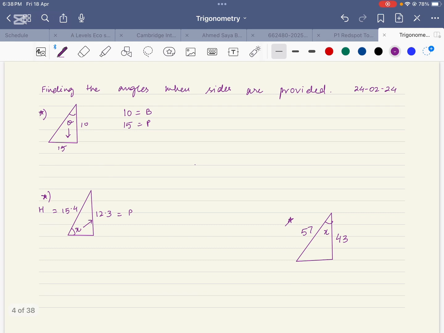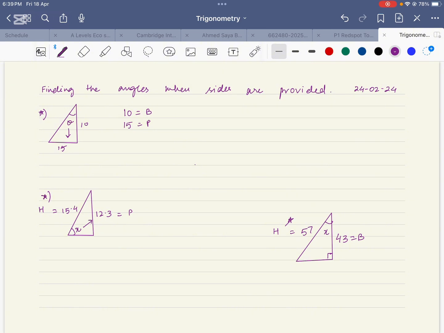In this one, this is the base because x is located in a position where 43 becomes the base, and this is the hypotenuse. Hypotenuse stays constant, a side which is directly in front of the right angle, and the other two sides are interchangeable depending upon where the acute angle for which we are looking for sine, tan and cos is situated.